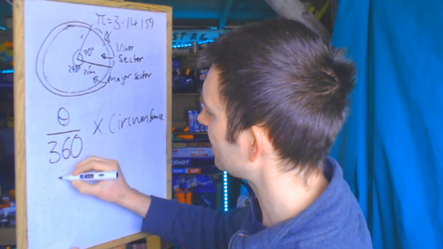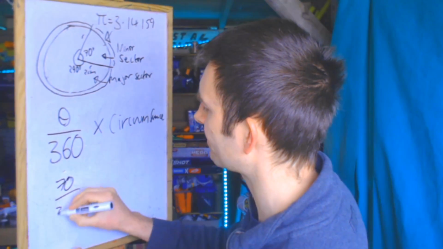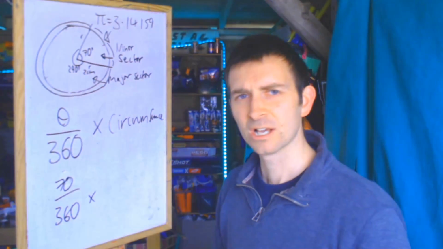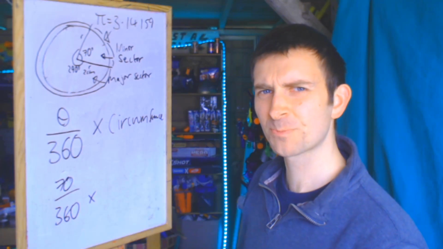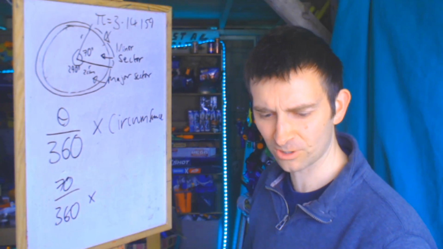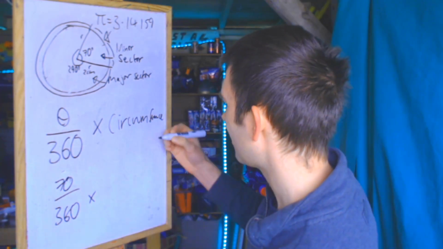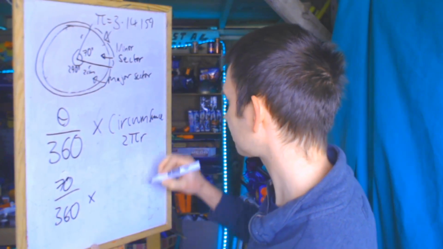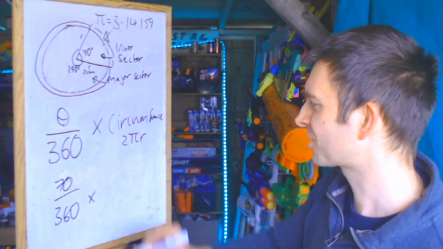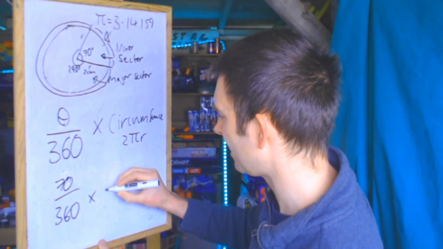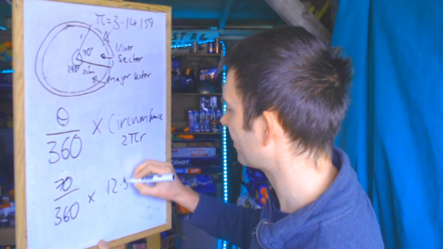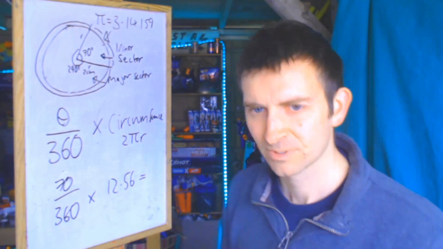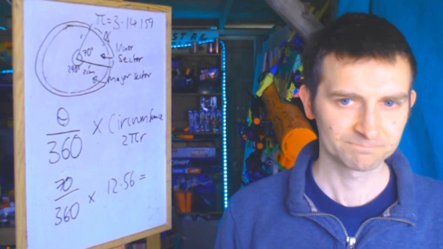So let's have our Easter egg, which is 70 in this case, divided by 360 times our circumference. How did we work out circumference before? Well, we worked out circumference before, hoping my microphone's on right now, by going 2 pi r. Now we know that that's 2 centimeters, and we know that that's going to be 12.56, which is great. So let's now do that calculation.